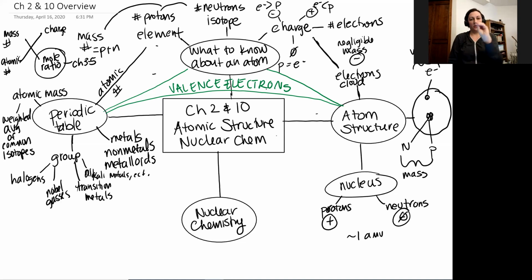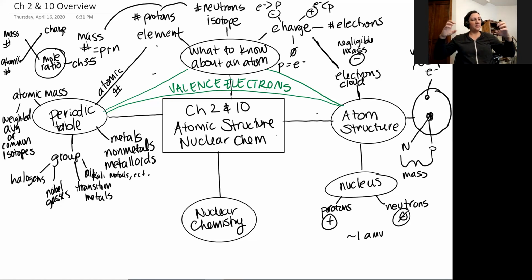So we have our nucleus in the center and then an electron cloud. And those electrons are arranged within that cloud by which ones are closer to the nucleus or further away. The closer to the nucleus they are, the lower in energy they are, the more favorable that is. So electrons will try to be as close as they can, but once it's too crowded, they'll be further away.